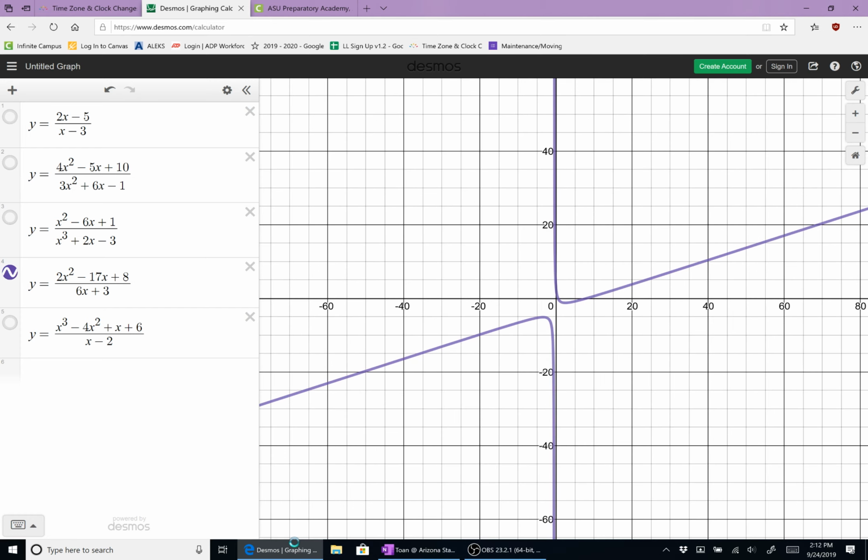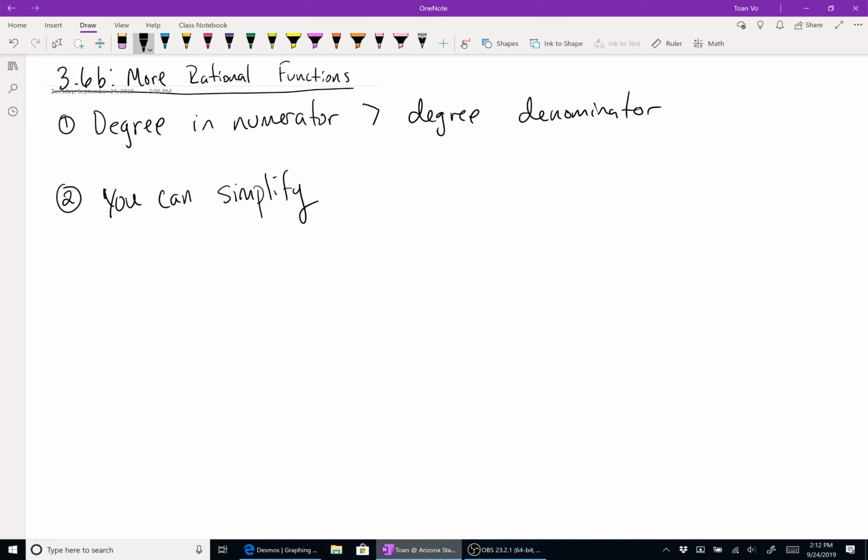it looks like at the far ends, it does follow a line. So we still have asymptotes. That's true. But the difference here is that it's not perfectly horizontal. It is at an angle. We call those slant asymptotes because it literally is an asymptote that is slanted. So that's the big idea, which isn't a big idea at all. That's the only difference between today's material and yesterday's material.